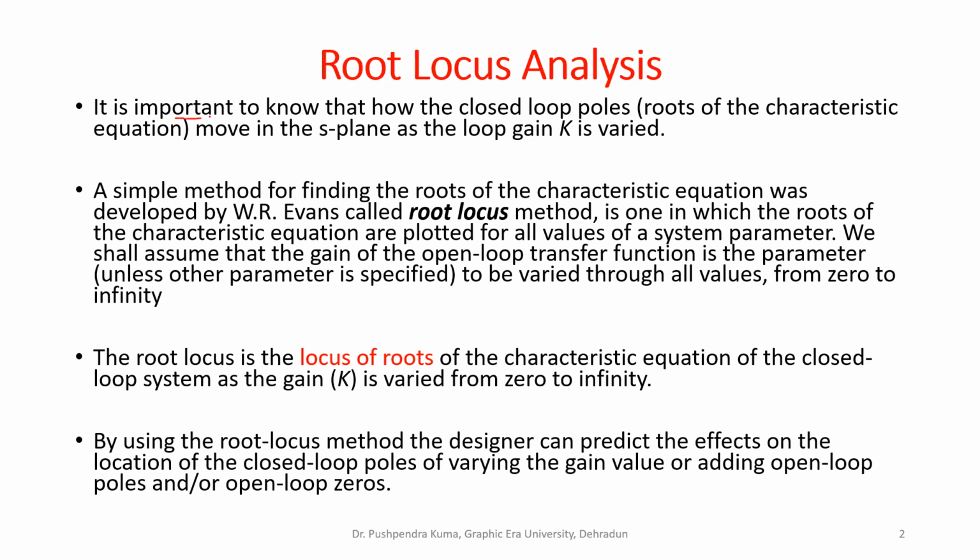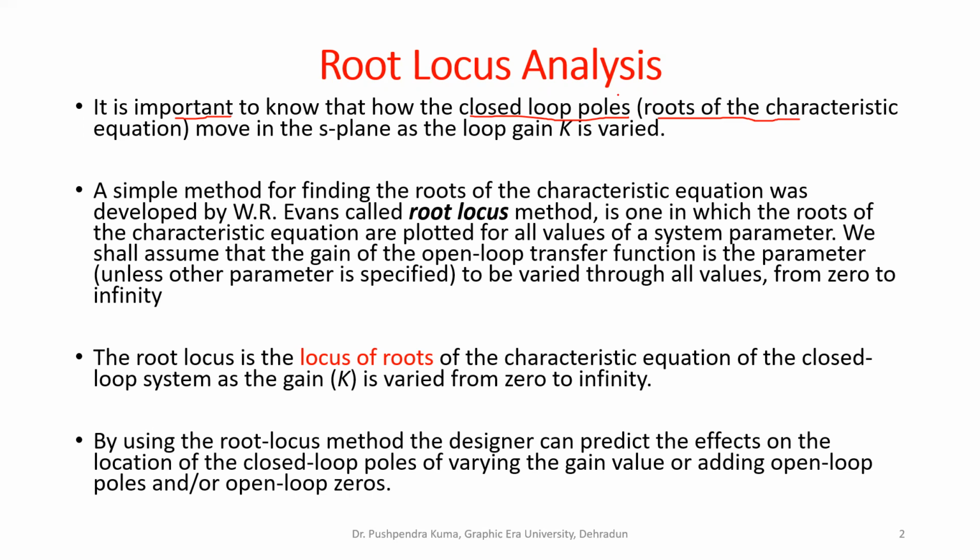So it is important to know how the closed loop poles behave. As you know, closed loop poles are nothing but the roots of the characteristic equation, which is obtained by putting the denominator of the transfer function equal to 0.